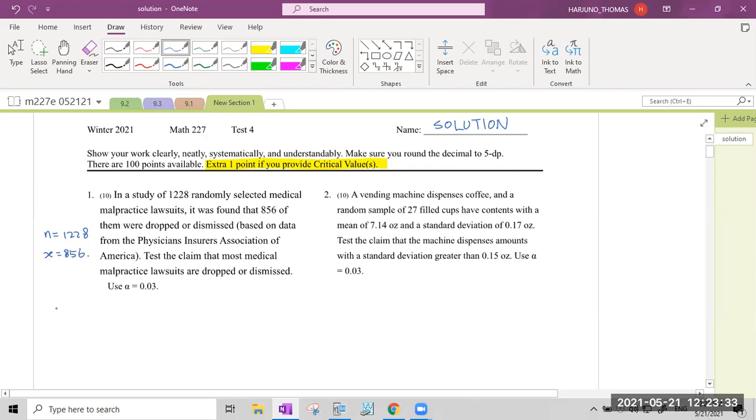Now test the claim that most medical malpractice lawsuits are dropped or dismissed.